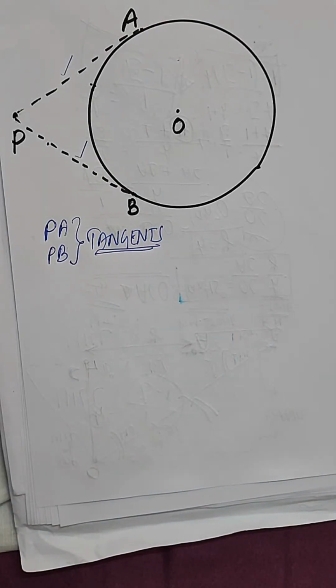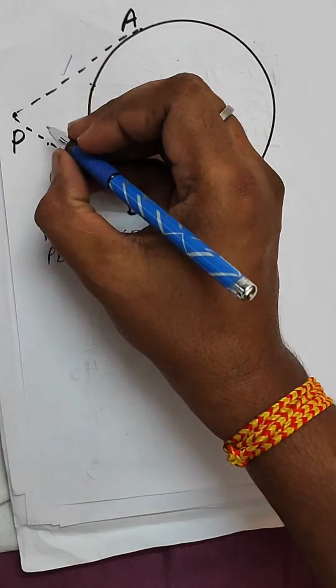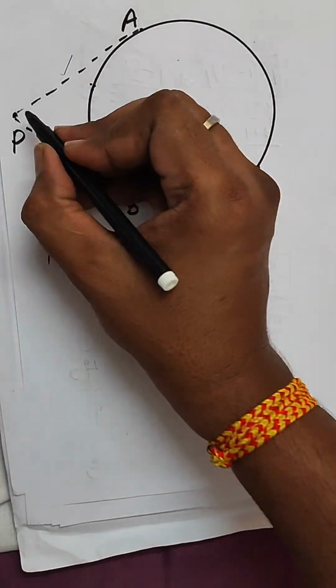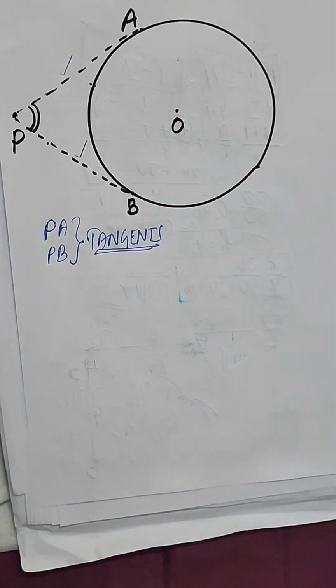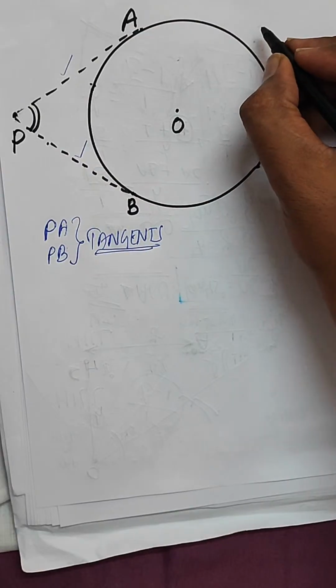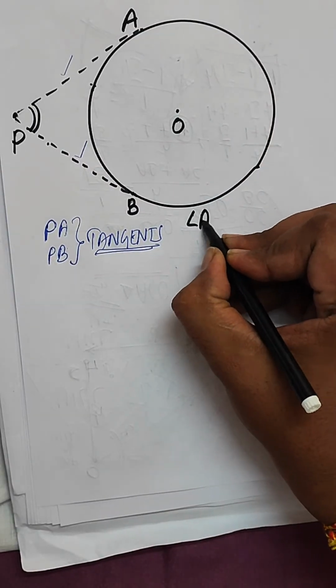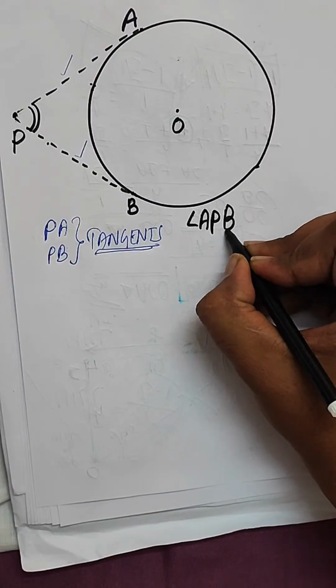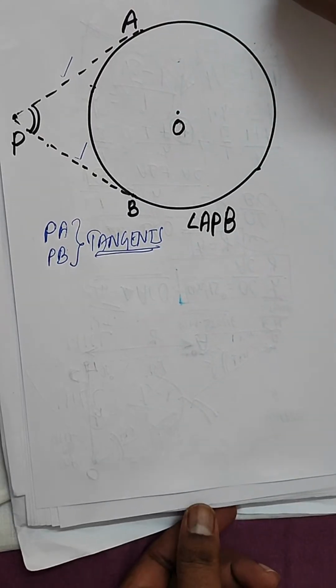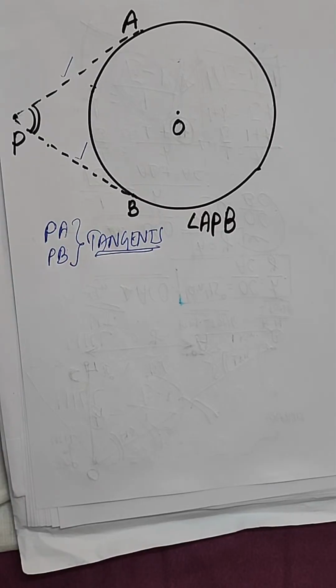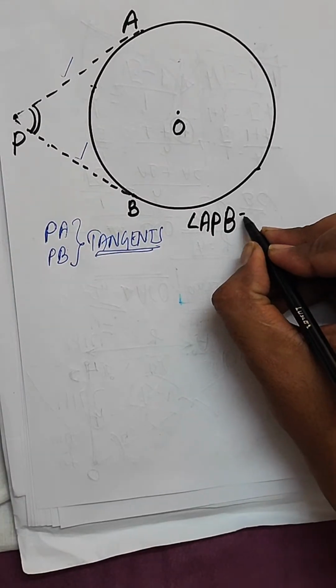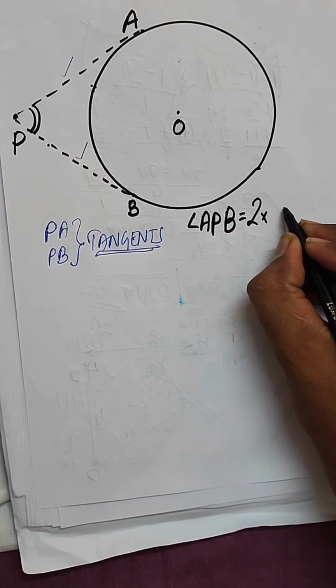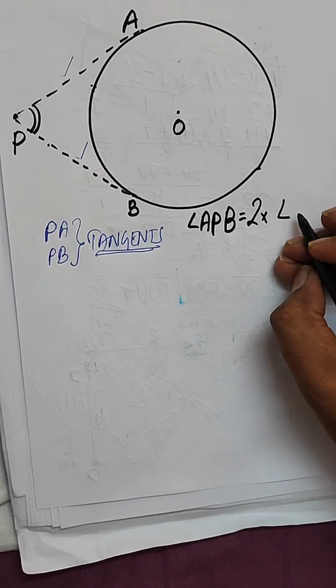Now it has to be proved that angle APB should be equal to 2 times angle OAB.